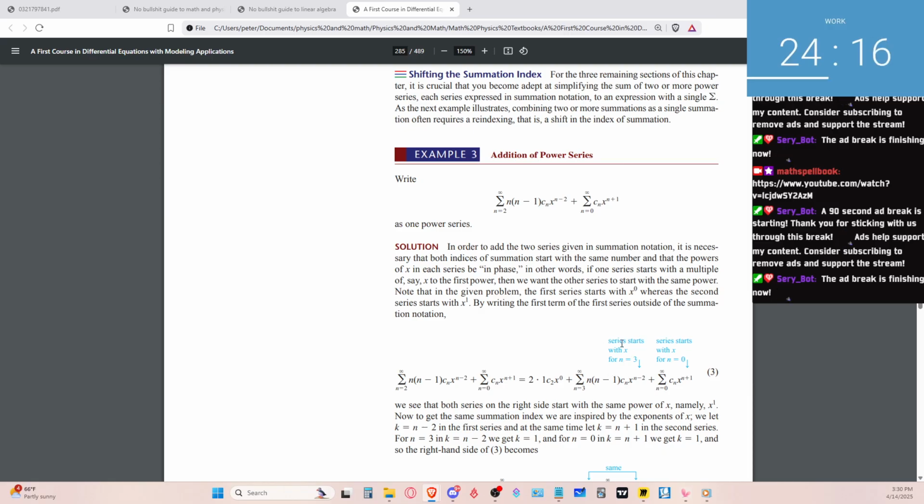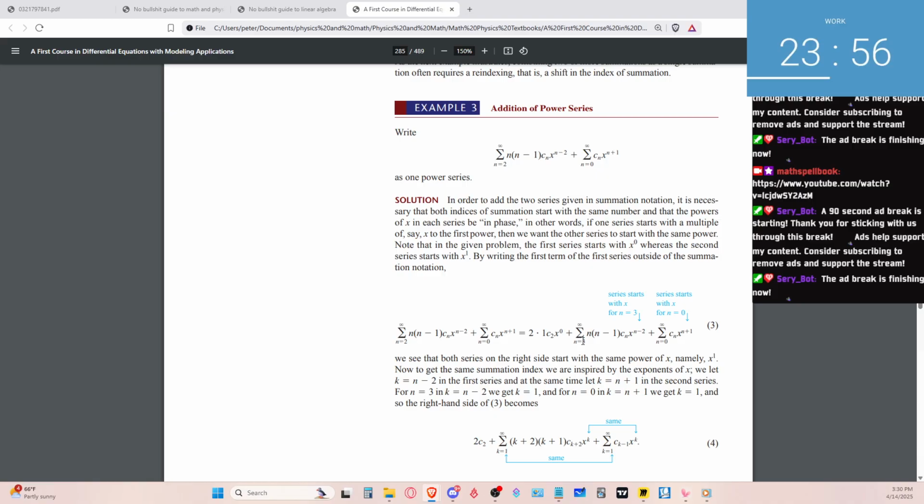Let's see, the series starts with x for n equals 3.